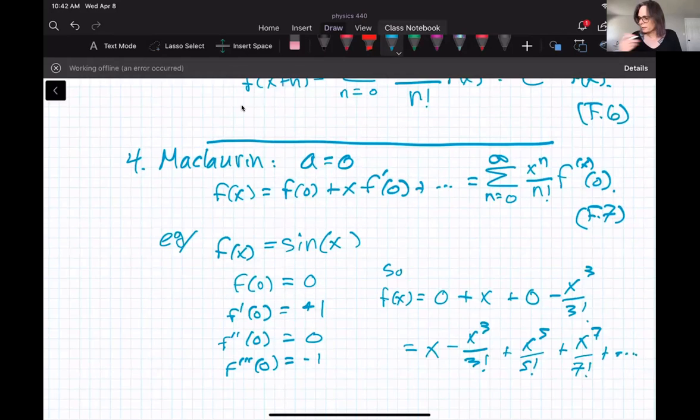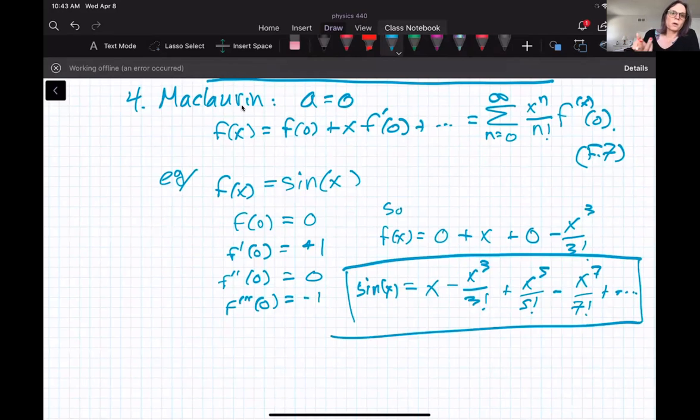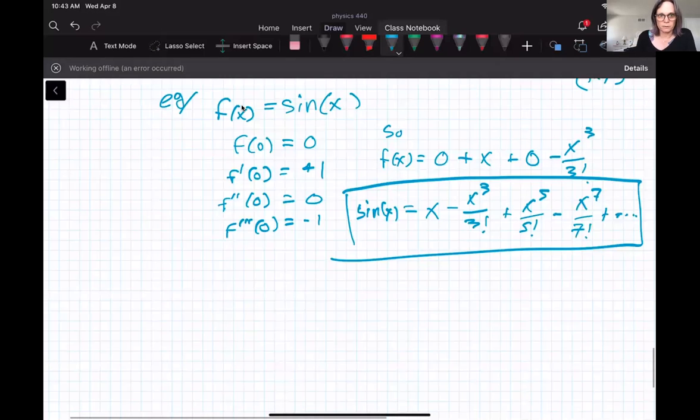It's that alternating series that you're probably familiar with. In other words, sine of x can be written as that, and that's where we get that small angle approximation: sine of x is roughly equal to x, if you're only keeping the first order term.